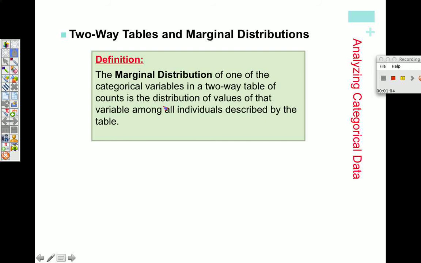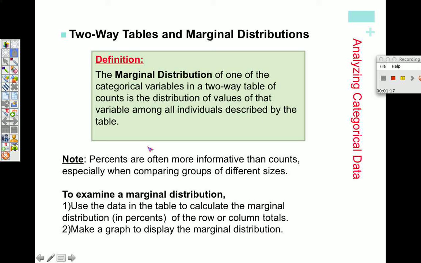A marginal distribution looks at one of the categorical variables, and it counts that distribution among all individuals. So we often look at percents as opposed to counts, and that's especially important if we're comparing groups of different sizes.